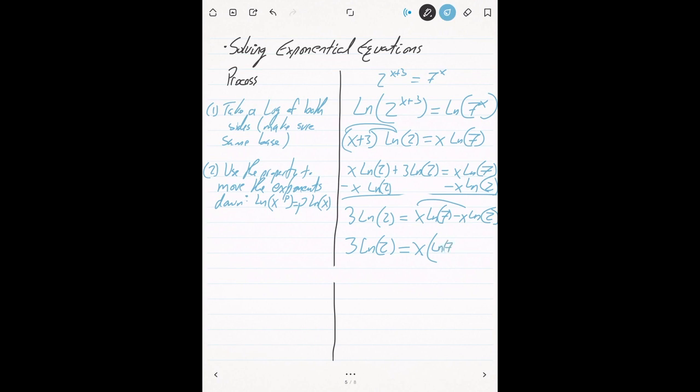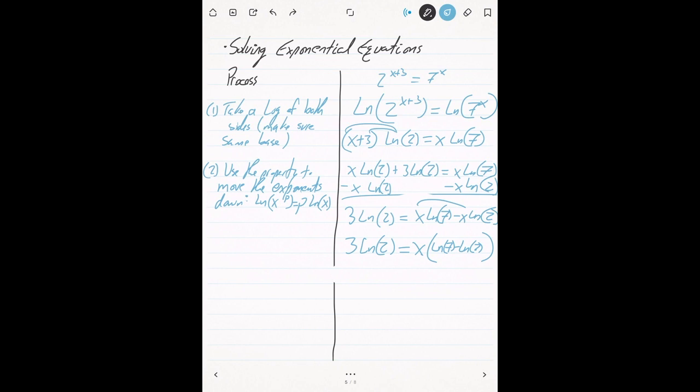Natural log of 7 minus natural log of 2. And there we go. We've pulled the x out, so we have, again, some number times x. And that's equal to another number. I haven't written what the decimals are, so I'm just leaving this as is. But again, just know this is going to be some number. Put it in your calculator. ln of 7 minus ln of 2. You'll figure out what that is.